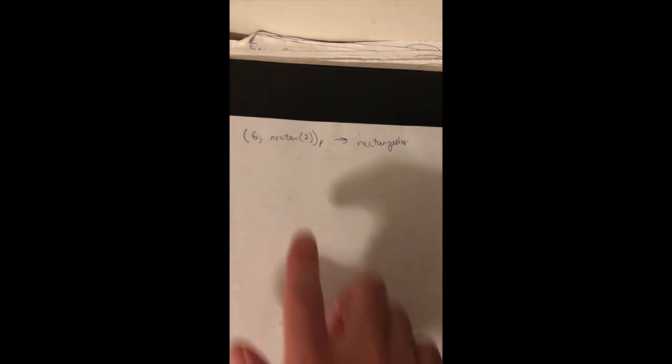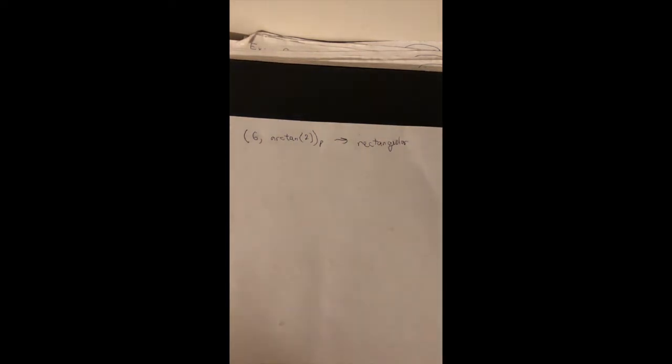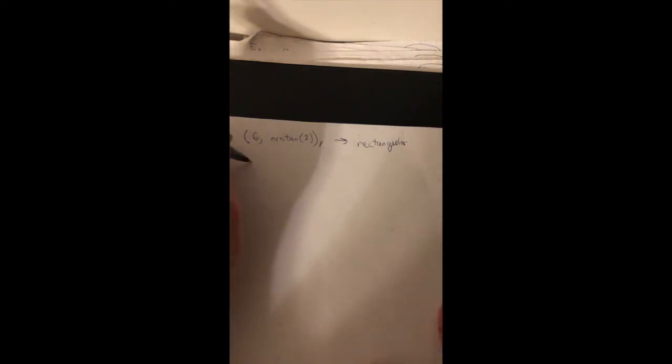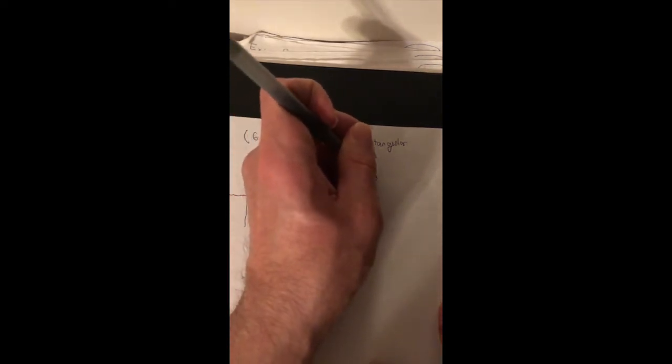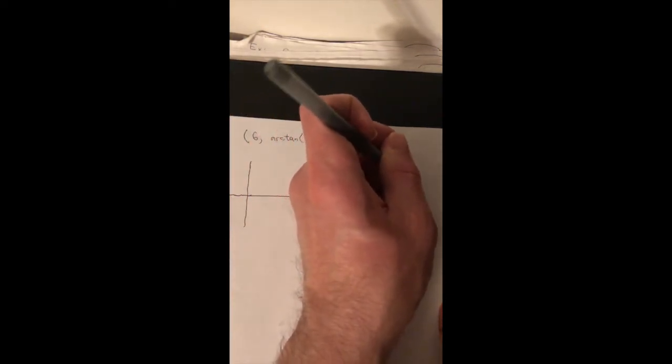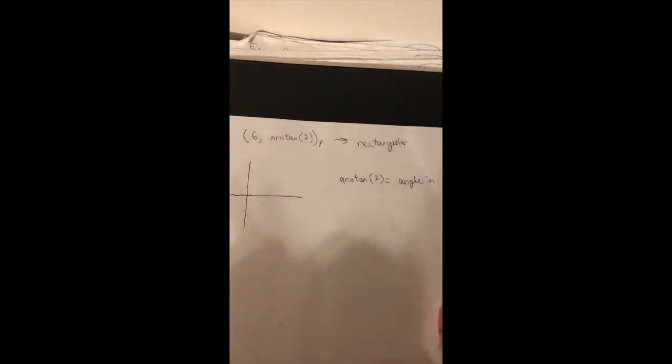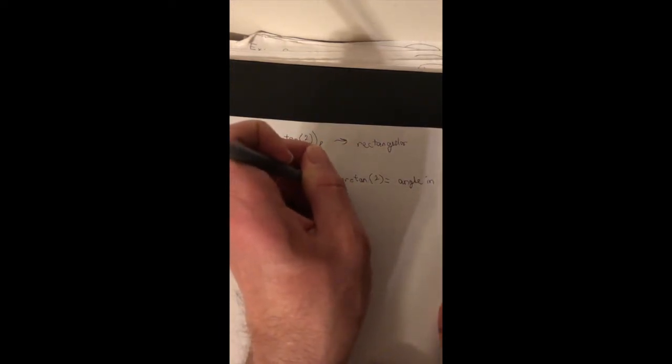Alright, so the thing that makes this a little bit interesting is the fact that we've got arctan of 2 here. It's not one of our normal reference angles. But let's take a look at how we want to do this. So I'm going to start by remembering what arctan of 2 is. Arctan of 2 is going to be the angle in quadrant 1 or quadrant 4.